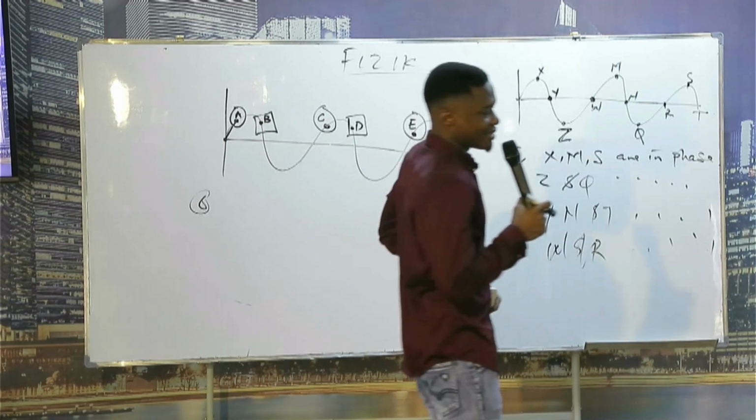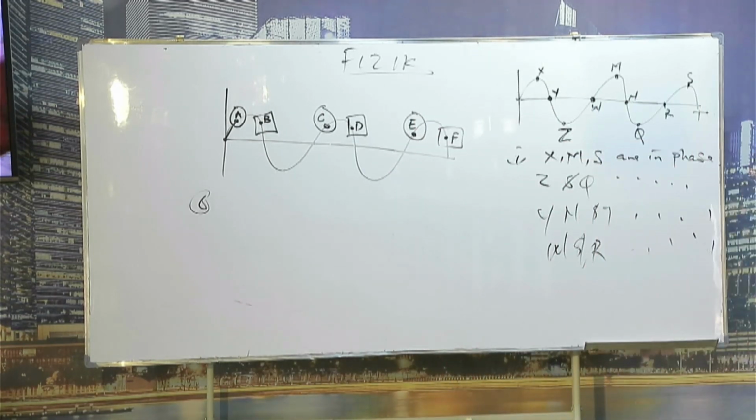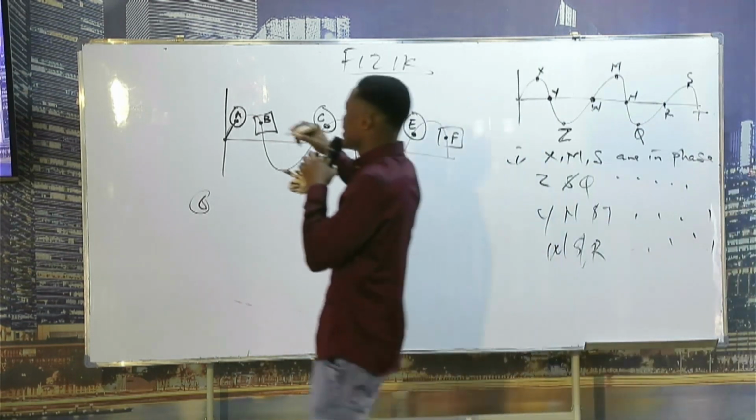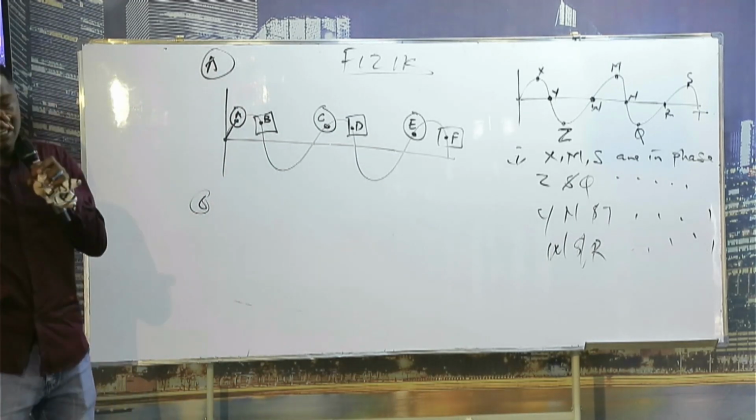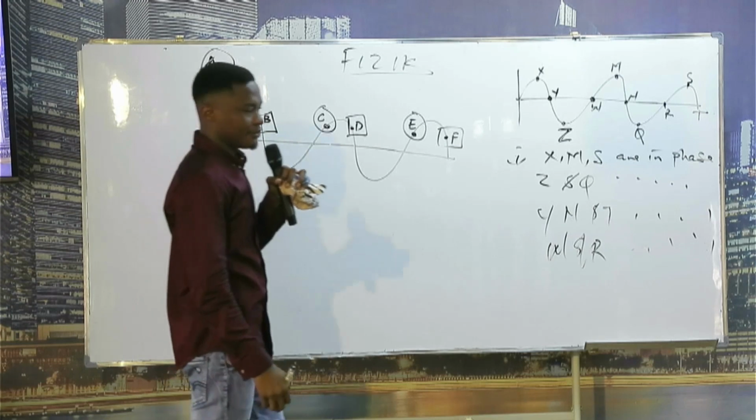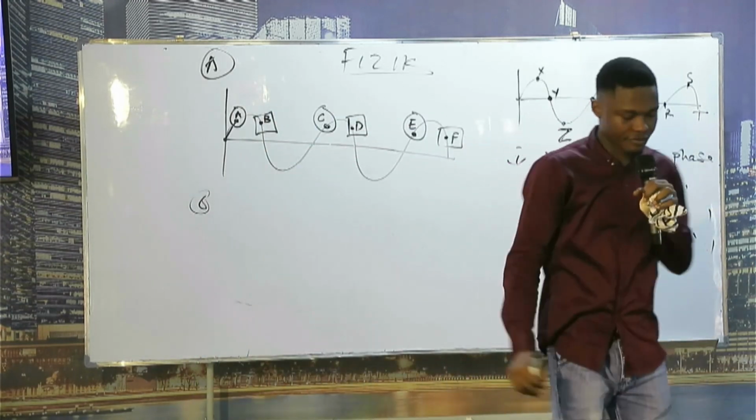It is defined as the what? Maximum displacement of a wave from its equilibrium position. It is represented by A, capital letter A, for amplitude.